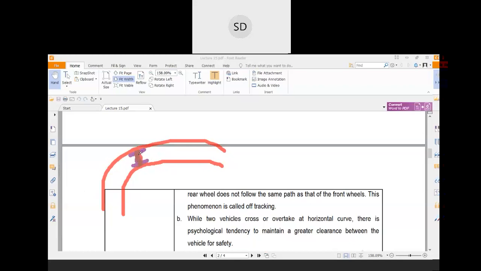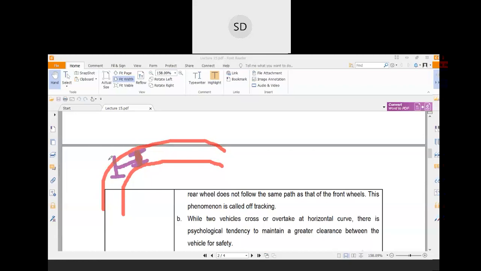Now, for the vehicle only the front wheels can change direction. The rear wheels cannot change direction, and the axle is also rigid. So when a vehicle is negotiating a curve, the path traveled by the front wheels will not be the same as that of the rear wheels.